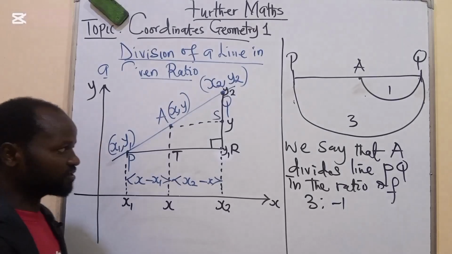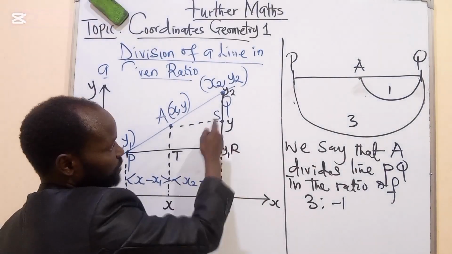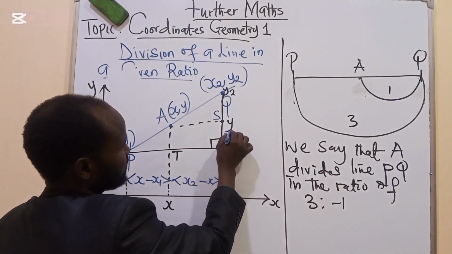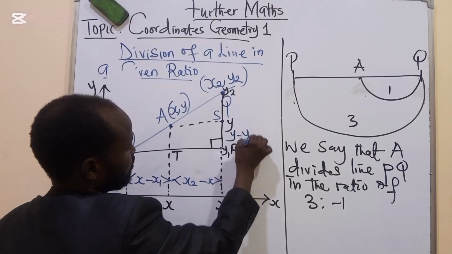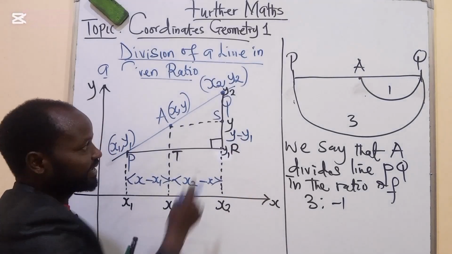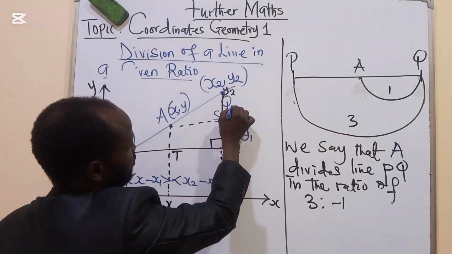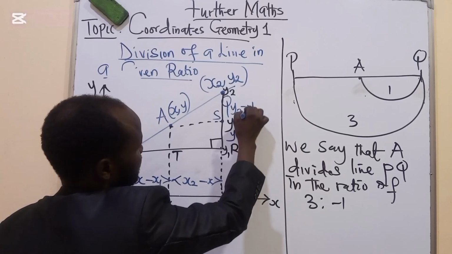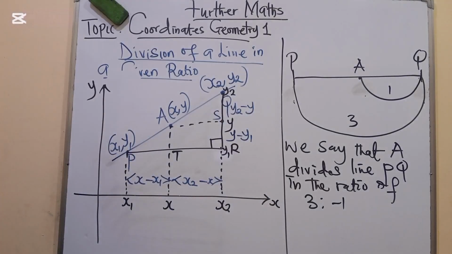This place here is S. Length R to S will be y minus y1. Then length S to Q will be y2 minus y. Very important.